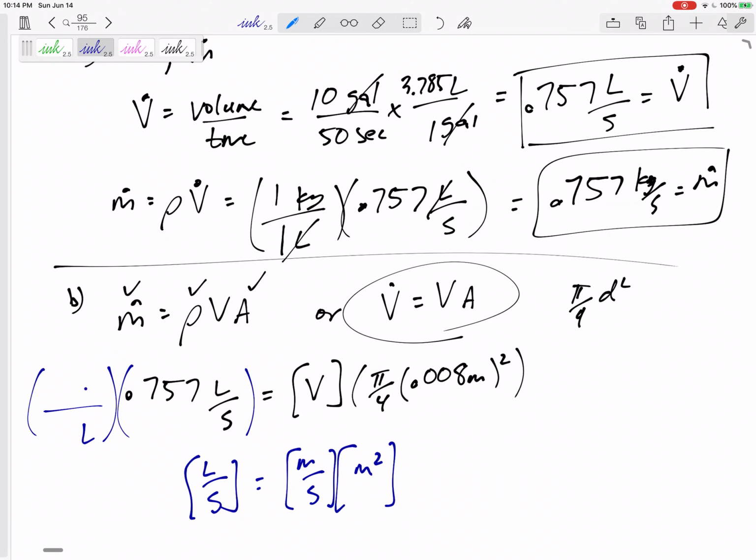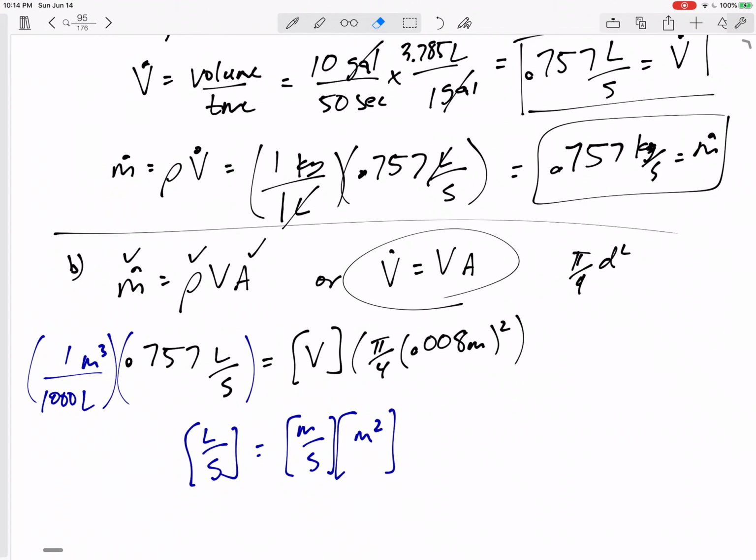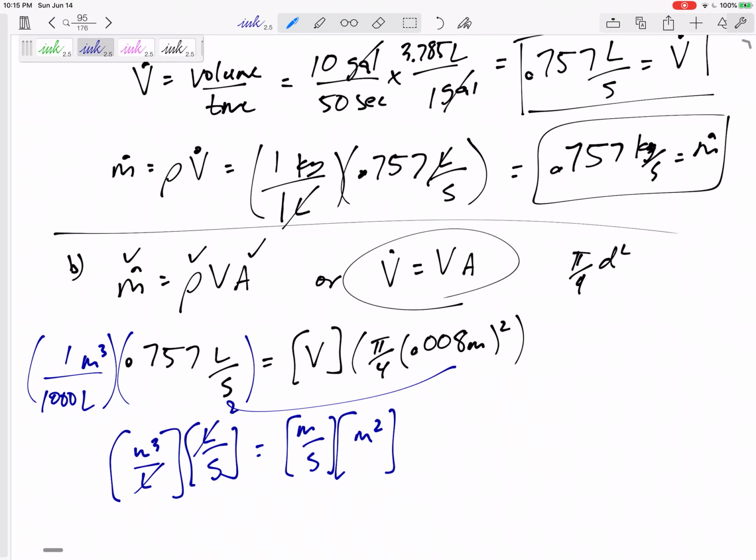So let me convert liters to meters cubed. 1,000 liters would fill a cubic meter, right? So meters cubed per liters. There we go. Meters cubed per second on the left-hand side, meters cubed per second on the right-hand side. So now I can divide that over, solve for the only unknown in that one equation, velocity.